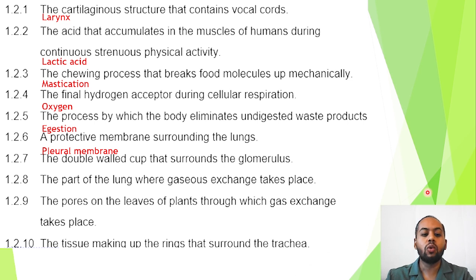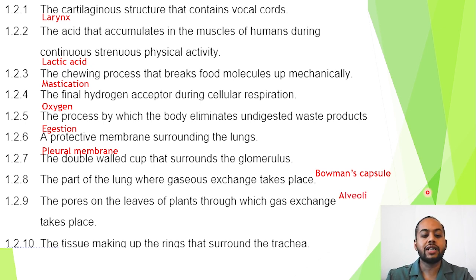The double-walled cup-shaped structure that surrounds the glomerulus is the Bowman's capsule. The part of the lung where gas exchange takes place: inside the lungs, gas exchange takes place in the alveoli.